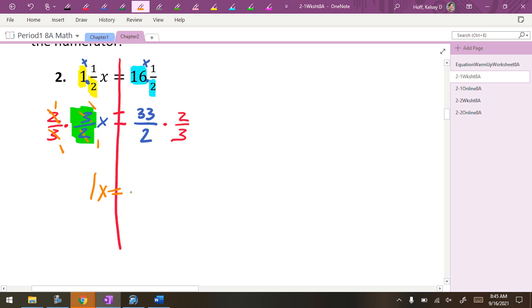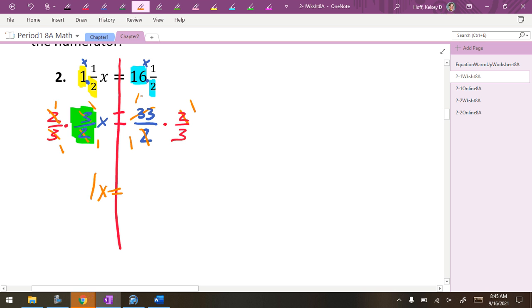Here's what Miss Hoff's going to tell you. Look at the number on the bottom. I have a 2. Is there any number on top that could cancel with a 2? Yeah, the other 2. And what are those 2's going to become? 1's. But now we have to check. This 3, can 3 go into 33? How many times? 11 times.